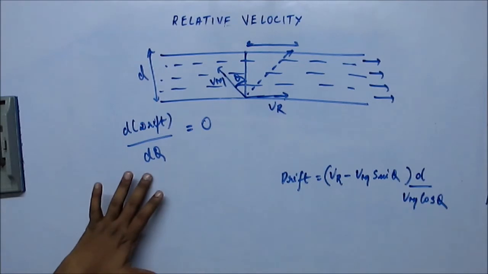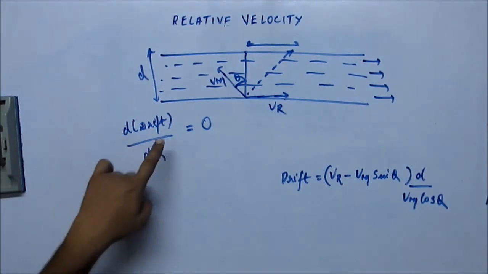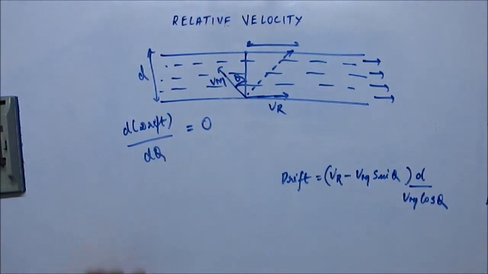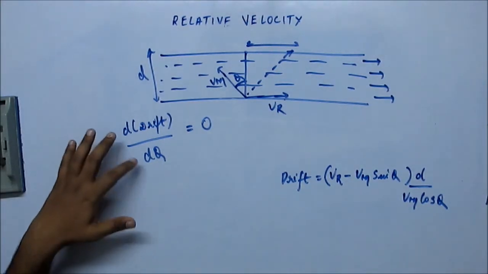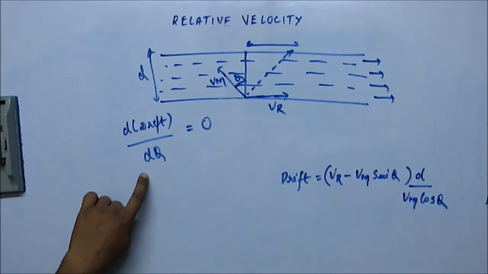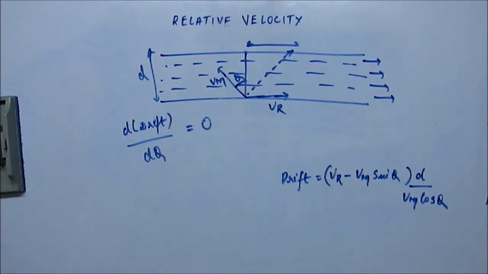For the theta which satisfies this condition, the drift will be minimum. Okay, because we have seen that at minimum and maximum the differentiation of the function with respect to the variable is equal to 0.